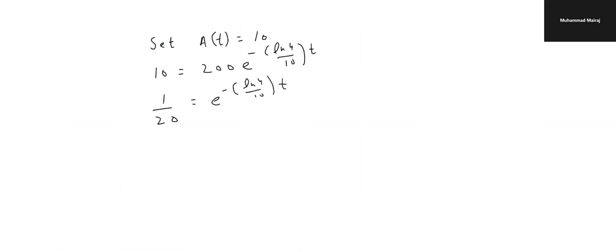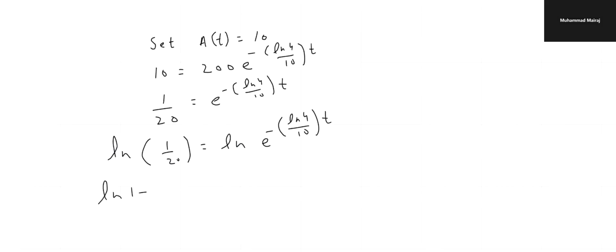Taking ln on both sides, this becomes ln of 1 minus ln of 20 by using the property of logarithms.